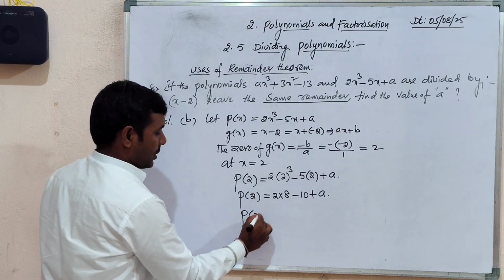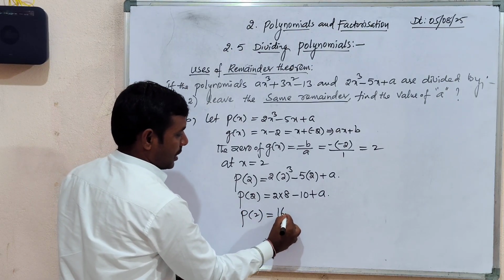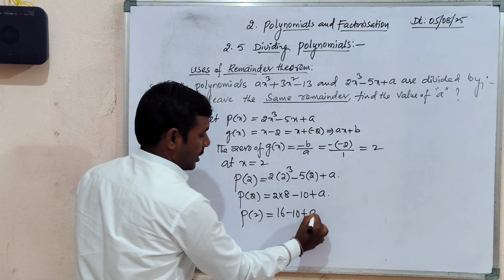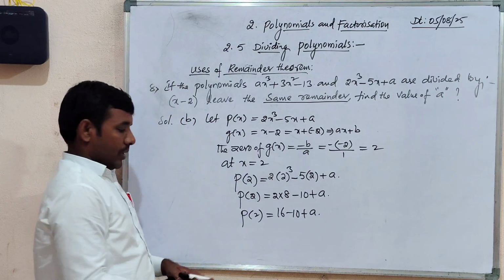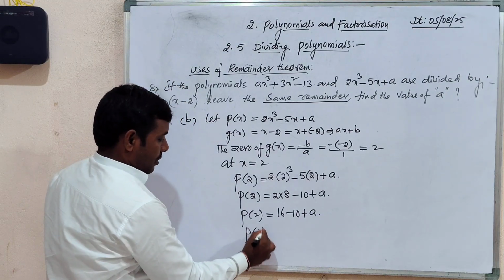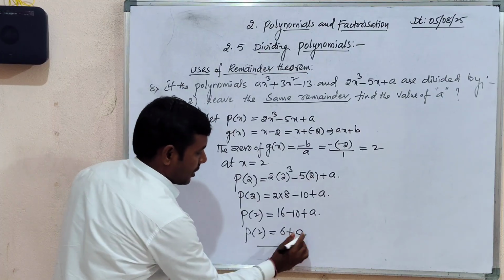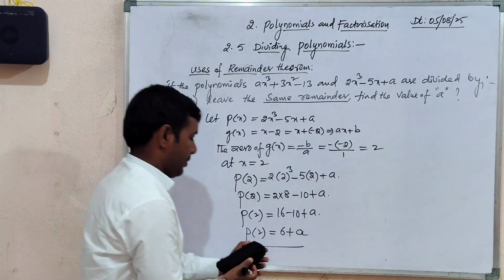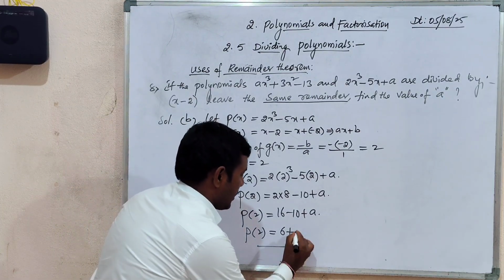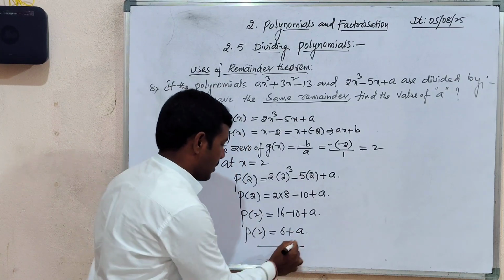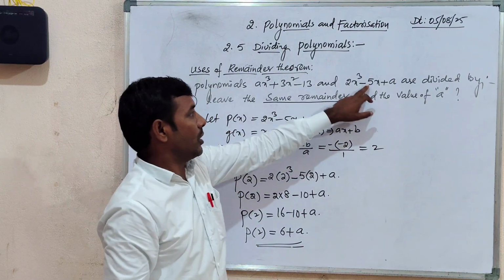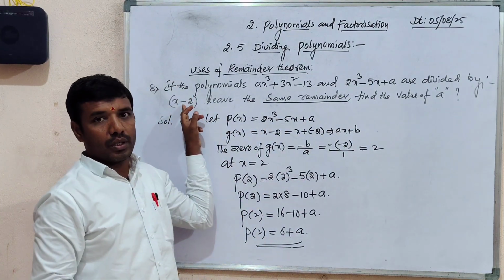Now P of 2 is equal to 16 minus 10 plus a. Now P of 2 is equal to 6 plus a. This is what? A remainder. It is the remainder when the second polynomial is divided with this one, right?